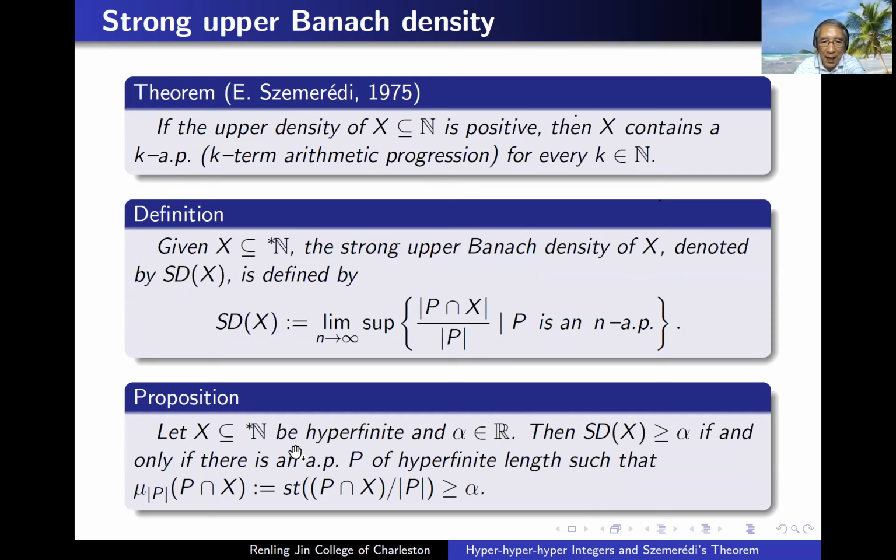Suppose we have a hyperfinite set X, which has non-standard cardinality, and a positive standard real number alpha. Then the strong upper Banach density of X is bigger than or equal to alpha if and only if there is an AP P of hyperfinite length such that the measure of X inside P is bigger than or equal to alpha. So we translate density into measure. Now, what is this measure? This measure is the normalized counting measure, standardized.